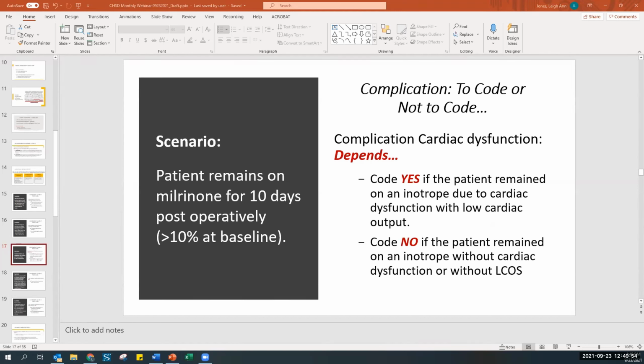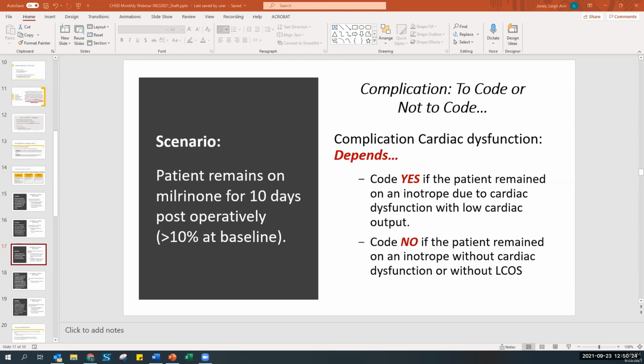Without specific documentation from the surgeon or other physician that the patient has cardiac dysfunction, are there parameters that the data manager could use to determine if the patient does have cardiac dysfunction? Maggie, great question. I think that can be difficult to pull out of a written document if people aren't good documenters or aren't giving adequate documentation.